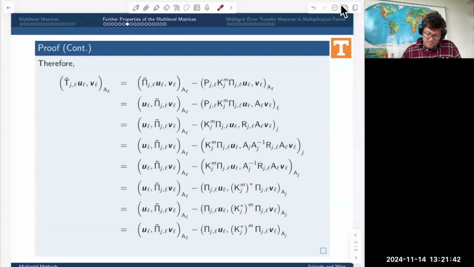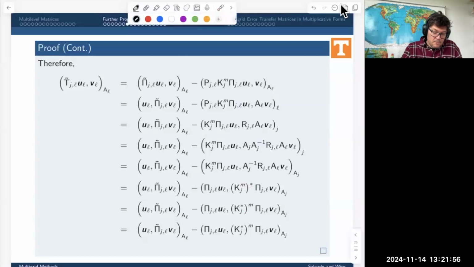Next, what am I going to do? Let's see, what did I do going from here to here? It looks like I didn't do anything, did I? So I think I've got an extra line here, which is basically nothing, right? Let's check.